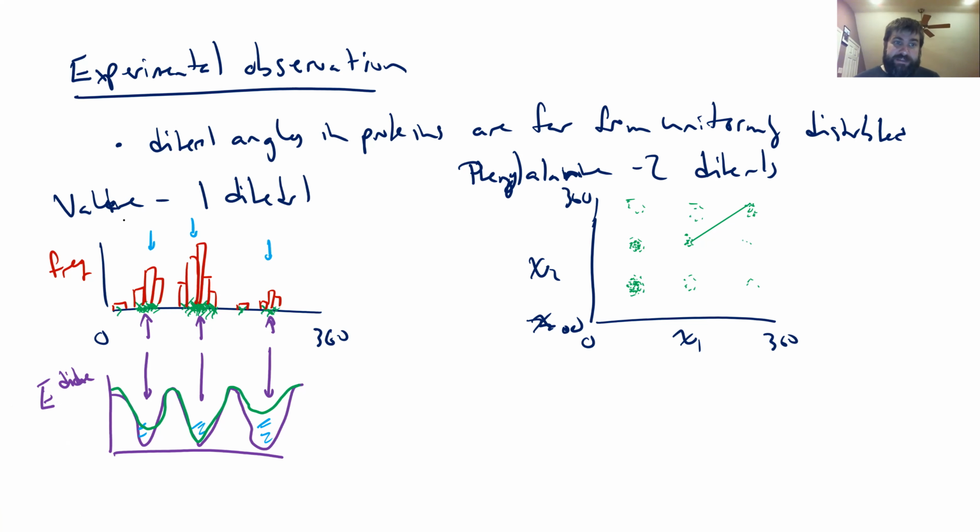So perhaps we discretize the valine dihedral space by choosing one choice at the peak of each of these. 3 choices, but where those 3 choices are right at the most commonly observed positions. And maybe in phenylalanine, we choose a set of choices that once again are centered at these most common choices.